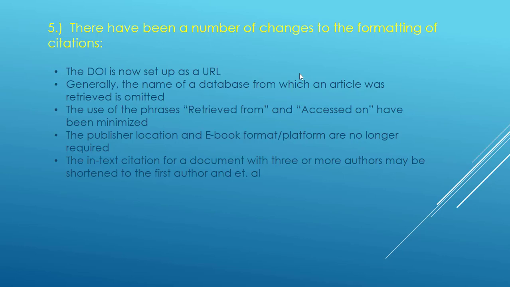So if we were using a general website, we would probably still be seeing these things because it would be pertinent. If I were citing a blog or something of that nature where we expect the content to change frequently, it would still be pertinent to list the retrieve from, accessed on, as we have in the past, because what I find today is not what I'm going to find tomorrow.